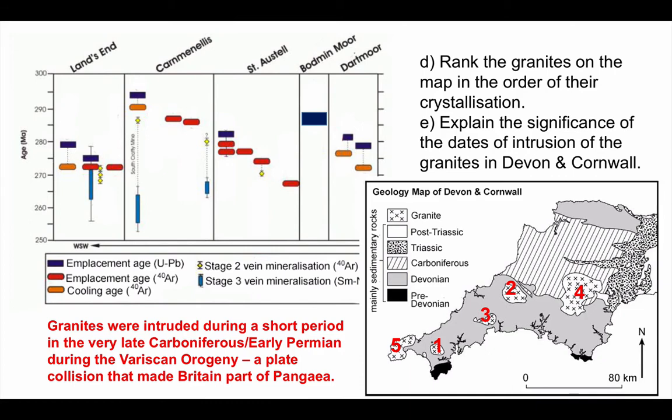These granites are a direct result of Britain becoming part of Pangaea. The plate collision, which happened just to the south of Britain in northern France, generated magma, which intruded the rocks in what's now Cornwall and Devon. Okay.